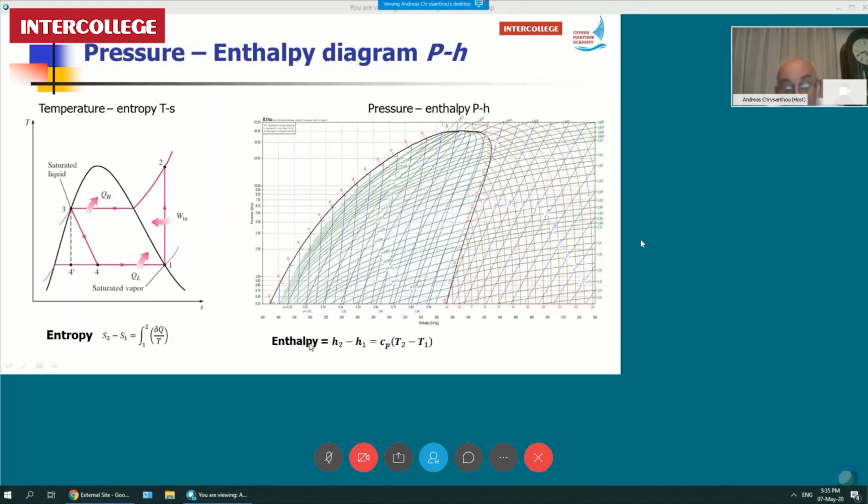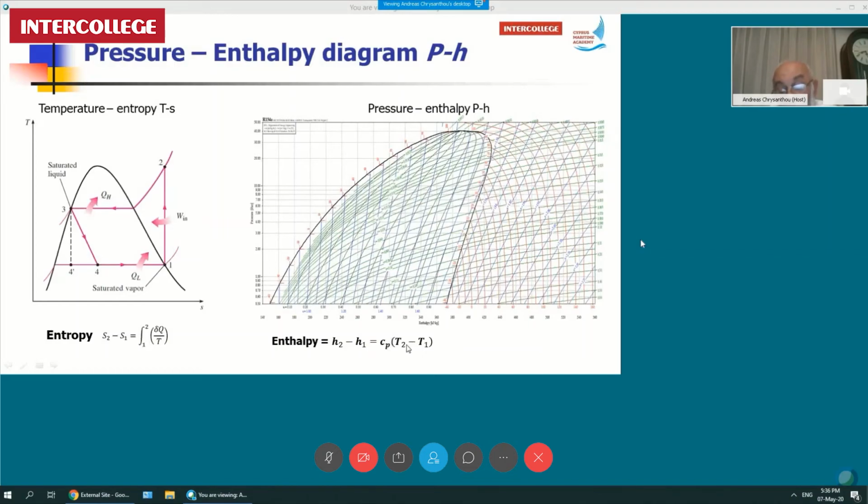Now, what about the enthalpy? Is that measurable? Do we have an enthalpy meter? No, we don't have an enthalpy meter either. But enthalpy is a form of energy which is easily calculated. As you can see, it is a function of a constant and two temperatures, any two temperatures in the system. The constant is a constant, okay, we can ignore it.